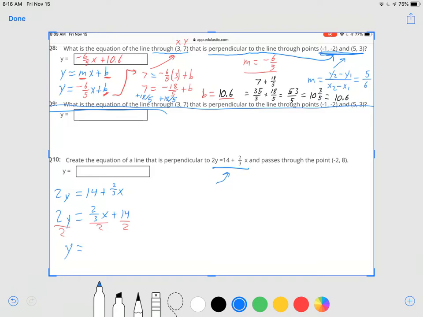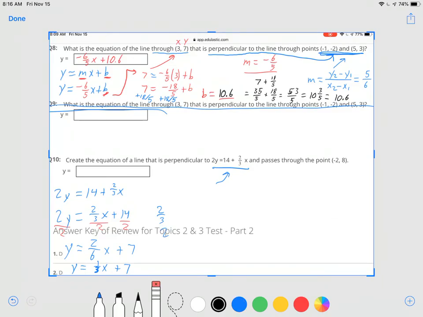So we get y equals 2/6 x plus 7, which simplifies even further to 1/3 x plus 7. Okay, so how did I get 2/6 there? Remember, the operation is 2/3 divided by 2, but I don't want to write it like that.